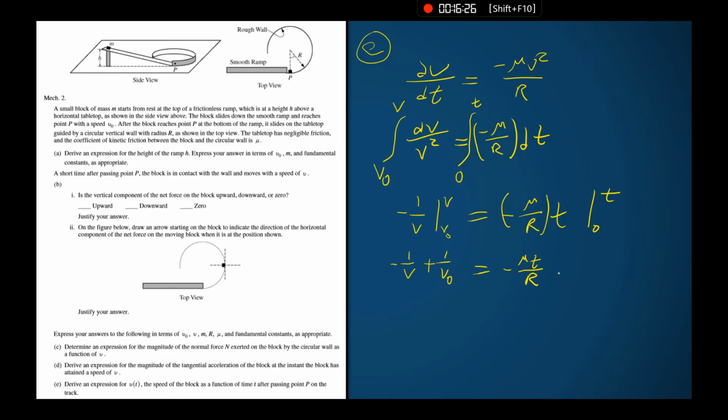Sure, plus 0. I don't think we need that, but we can leave it as v naught. It says we can express our answer in terms of v naught. So that's okay.